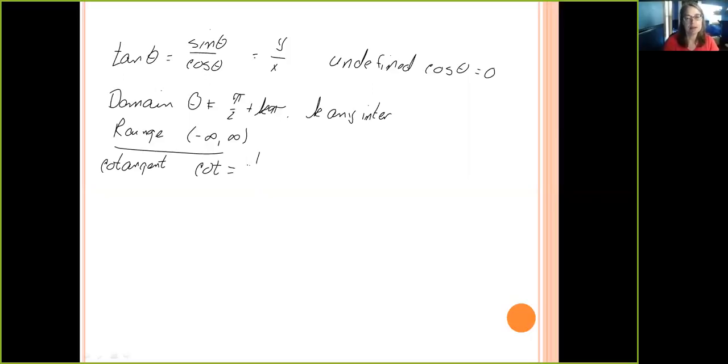And that is, remember, cosine theta over sine theta, or x over y, which is 1 over the tangent of theta.